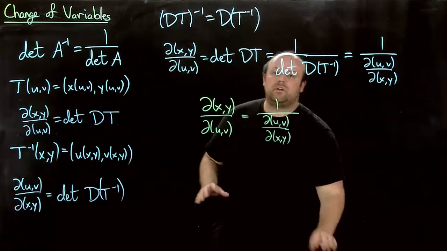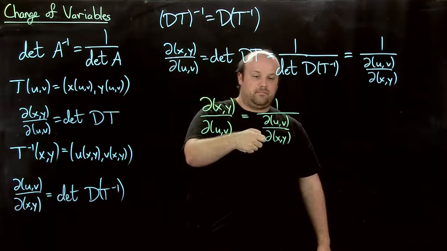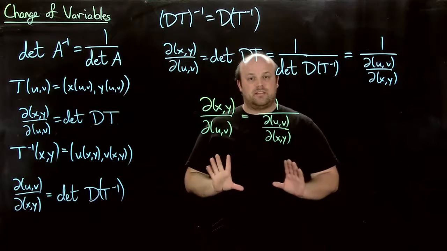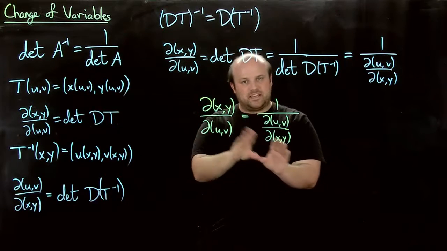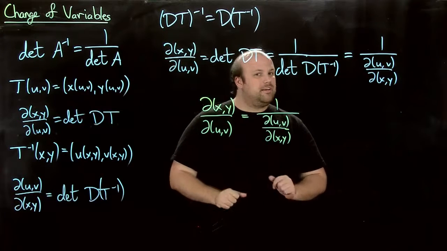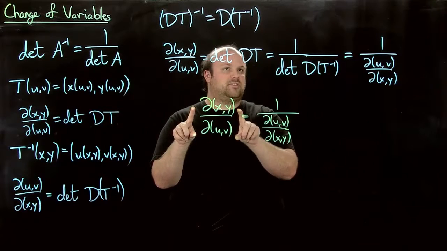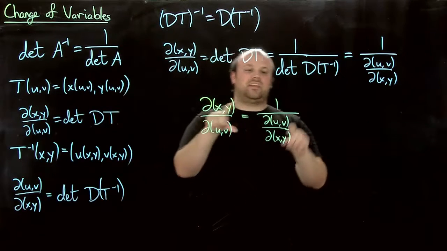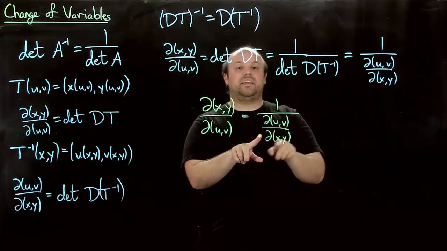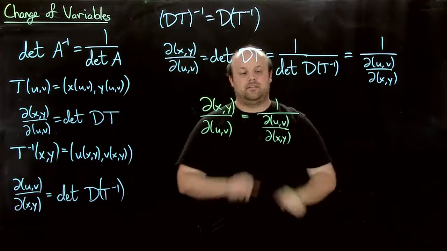So I'm not saying that this is a fraction you can just flip over and put in the denominator. That's not what I'm saying. It looks like that, and that's kind of a useful way to remember it. But what I am saying is that the Jacobian here, the determinant of this guy, is 1 over sort of the inverse Jacobian, which is the determinant of this guy.